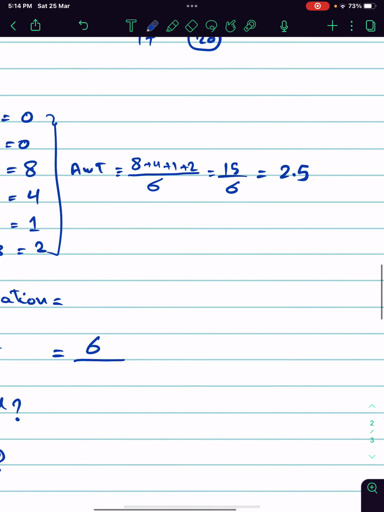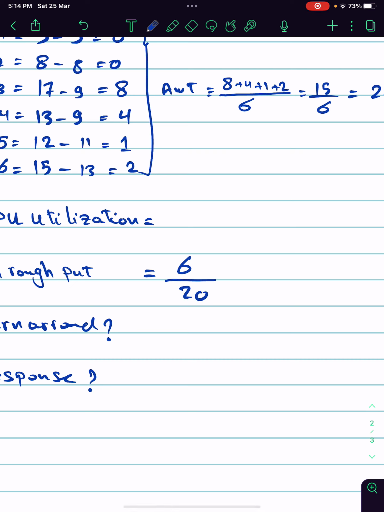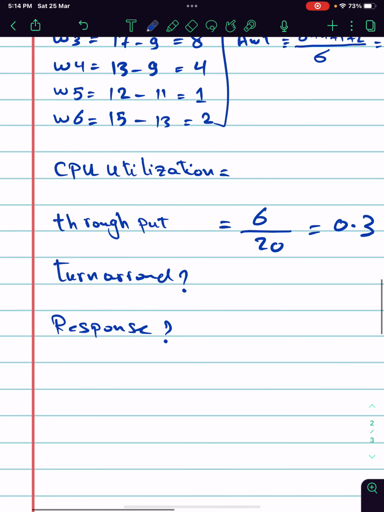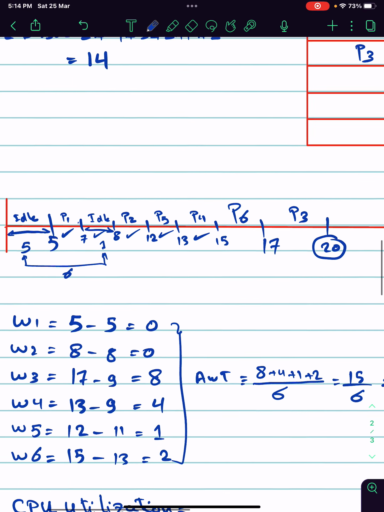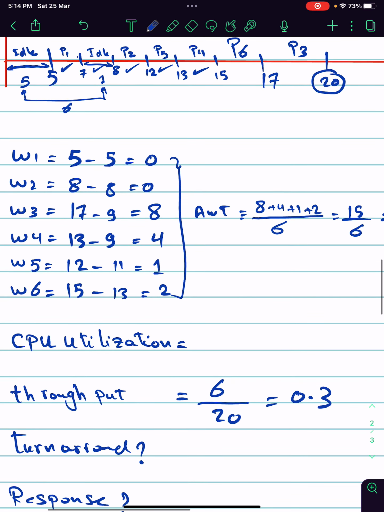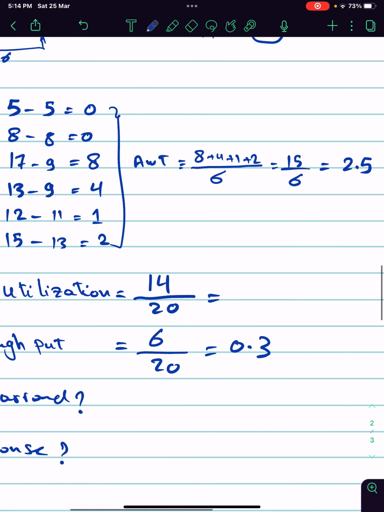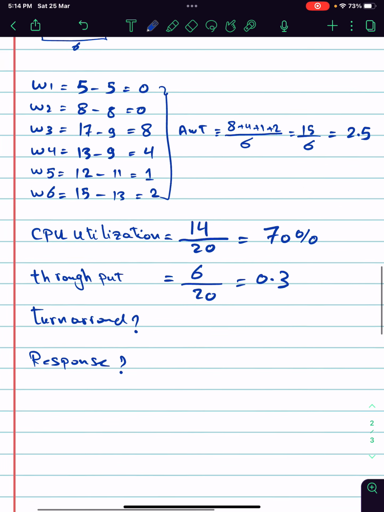As you can see here, the total time is 20. So if you multiply by 5, that would be 30% or 0.3. That's the throughput. The CPU utilization is going to be the sum of bursts, which is 14 divided by 20. This would be 70%. Okay, that's the CPU utilization.